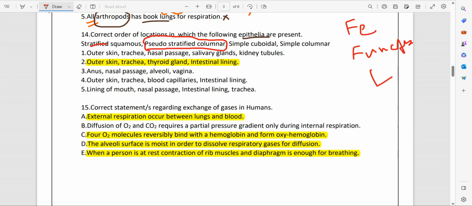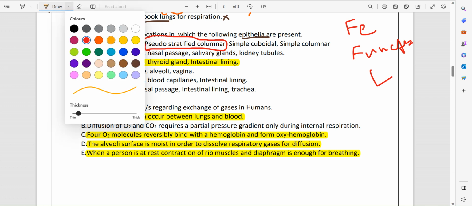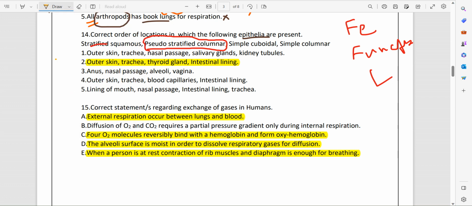And simple cuboidal are present in glands and kidney tubules. And the best point the other way around, the only one thing you have to know is that intestinal lining has simple columnar. So the only given example of columnar in our resource book is the intestinal lining. In that way, you can tackle the question very easily. You are left with 2 answers only, 2 and 4 only.